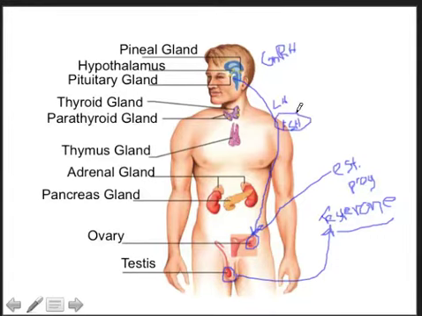And what that will do is that will promote the maturation of about 24 follicles inside the ovary, hence the name follicle stimulating hormone. We're talking about the follicles. Now you might ask, well, what is a follicle? A follicle is basically a house which holds a single egg, and there's thousands of them inside of each ovary of the female.